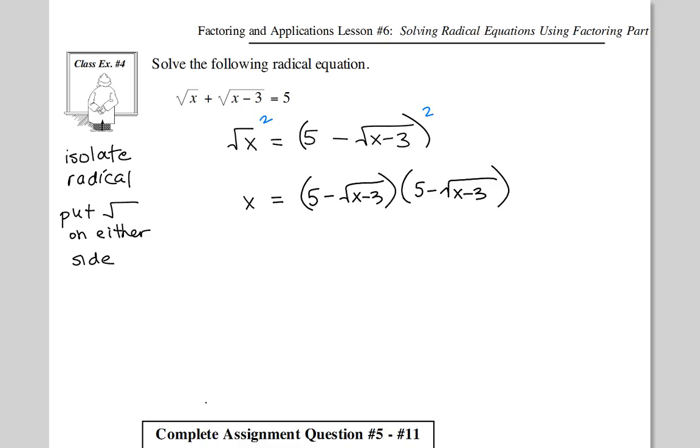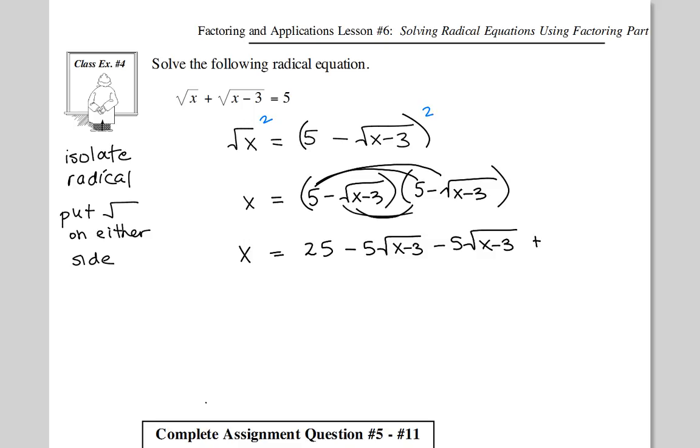Okay, so let's try this out. See if you can remember back to your foiling radicals. Remember unit 2? Okay, 5 times 5 is 25. And then we have minus 5 of these. And then we have minus 5 of these again. And then the very last one, a minus times a minus is a positive.